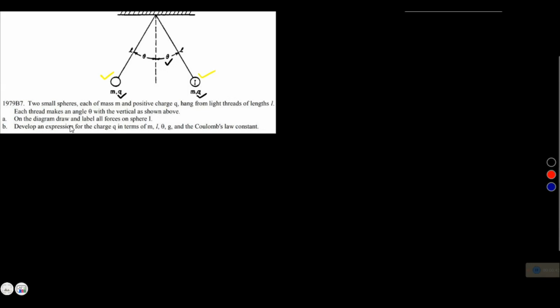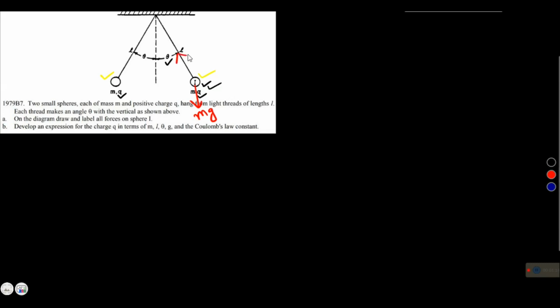On the diagram, draw and label all the forces on the sphere I. So first we have to draw all the forces on this sphere I. So let us draw it. There will be a force that acts vertically downward, that is mg.